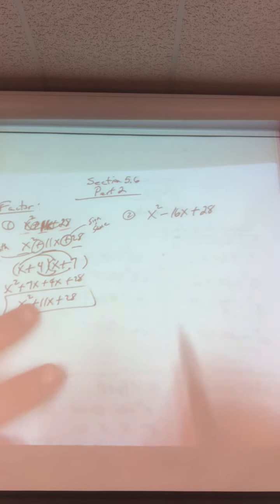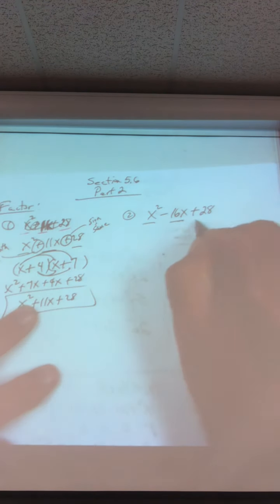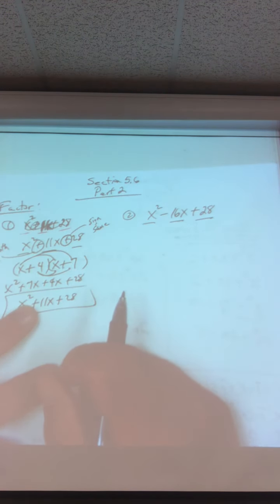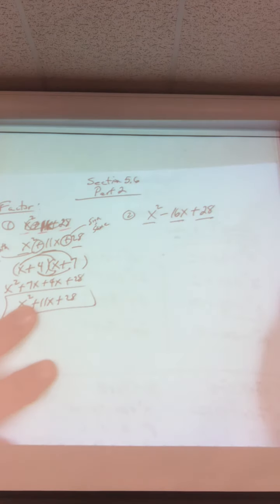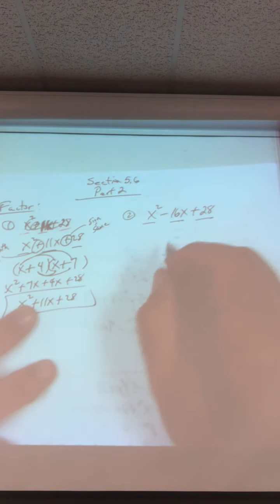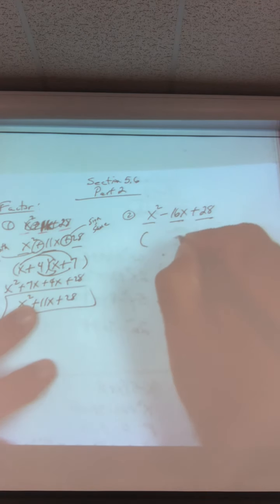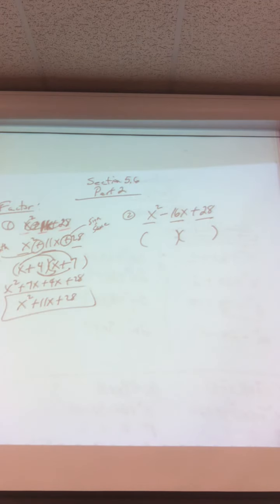First thing we do is look for a GCF. That doesn't work. You say, well, let's try grouping. Grouping is not in play because all of these are going to be trinomials, so grouping is not even an option.